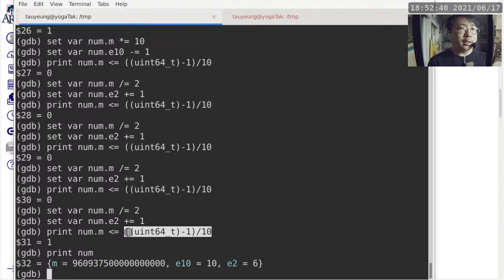I got it. The idea is I don't want to run out of range when we multiply m by 10 again. Oh, okay, got it now. Okay. All right. Thank you.